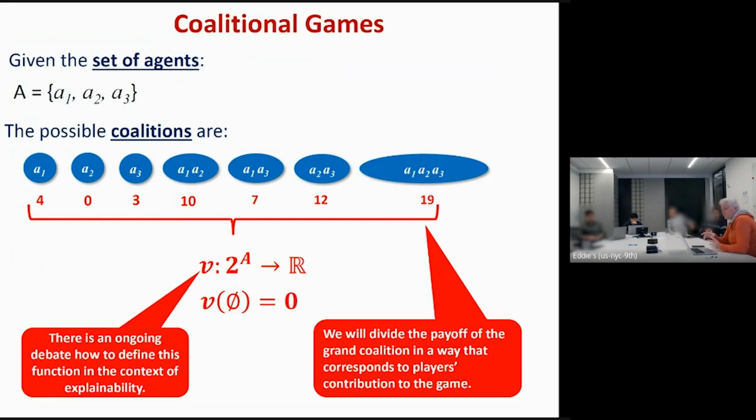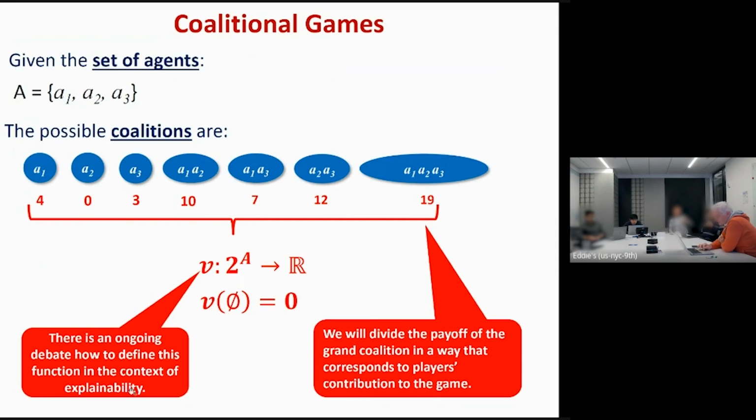So we should come up with a payoff function of the grand coalition in a way that the payoff corresponds to player contribution to the game. This is from the game-theoretic side, where the concept of Shapley value is coming from.